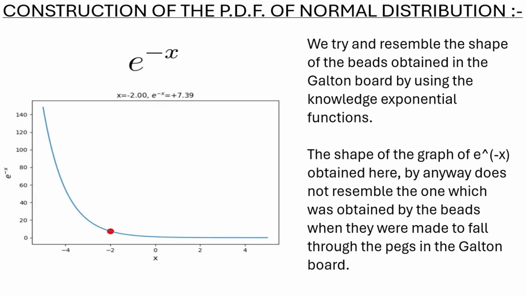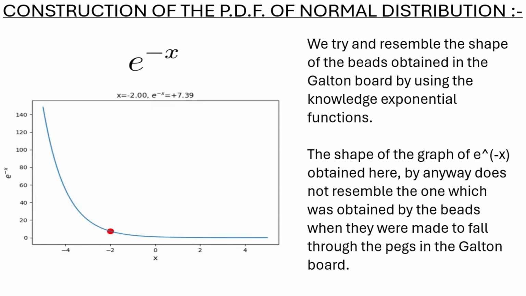The differentiation of e to the power x gives e to the power x itself, and thus this function e to the power x is quite robust. With this being the mathematical justification, we consider e as the primary block of this pathway from Galton's board to the PDF of normal distribution.